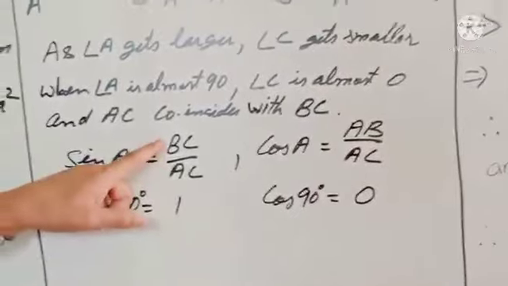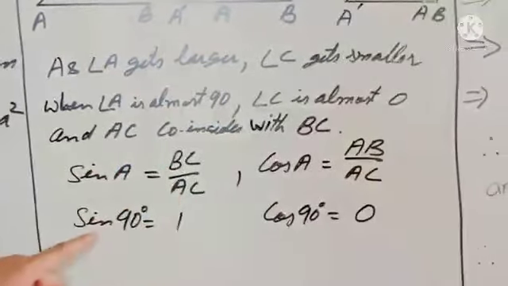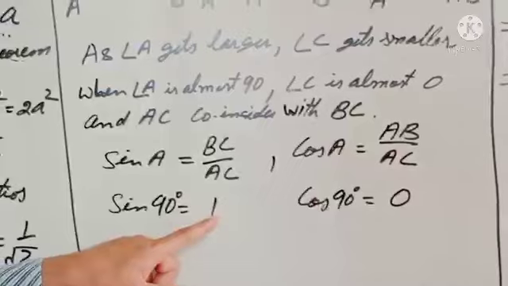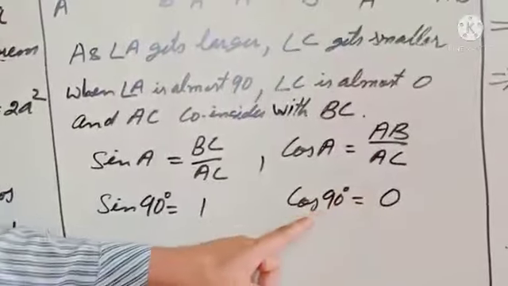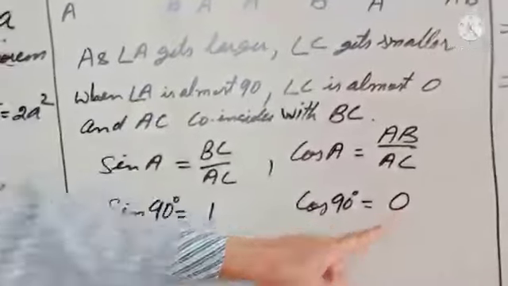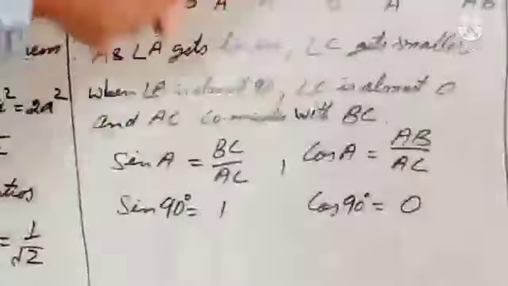So here, putting their values BC upon AC, we get sin 90 is equal to 1. Whereas when we put AB upon AC, cos 90 is 0. And their values can be put again here, right?